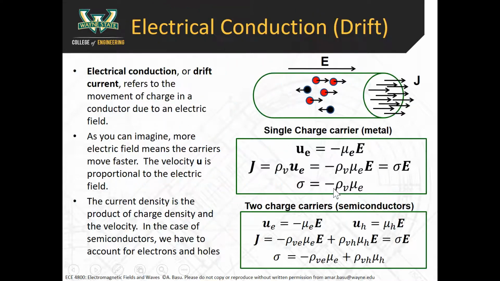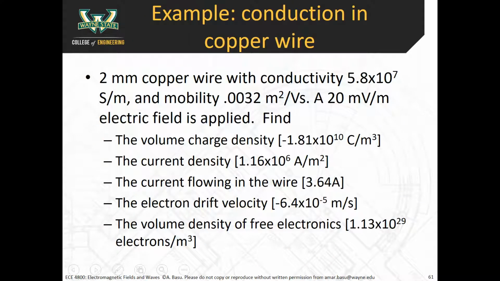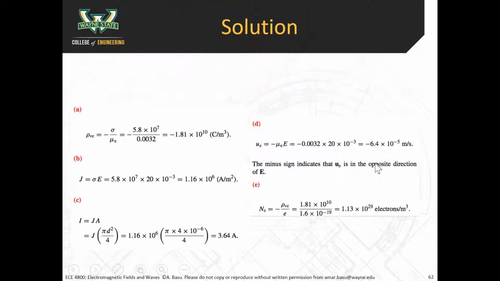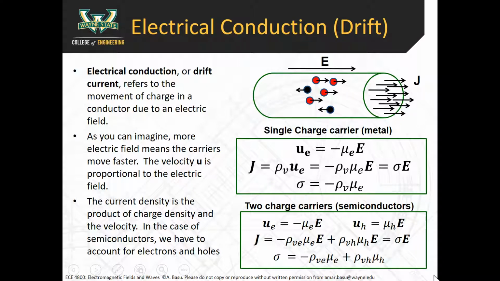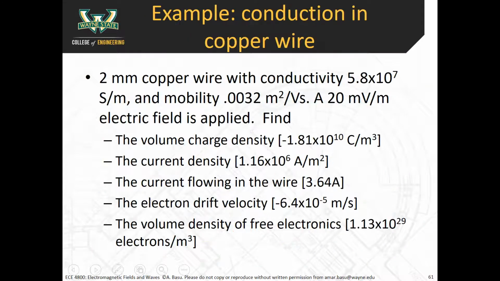So that is this guy right here, rho V. What you're given is the conductivity and the mobility. So you have this equation that relates them: the conductivity is equal to mu, the mobility, times the charge density, right? So you're given the conductivity, you're given the mobility, and so you can then figure out what the charge density is.